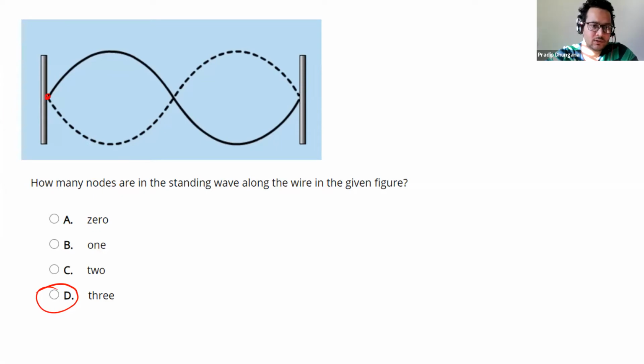Those points, 1, 2, 3, are nodes. And antinodes are those, like one here and one here. So there are 3 nodes and 2 antinodes.